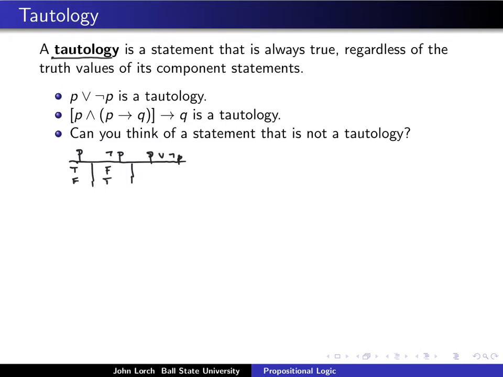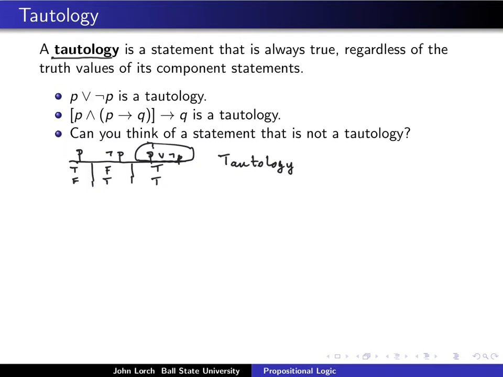Now remember, an "or" statement will be true precisely when at least one of the component statements is true, and that happens in both rows. So P or not P is always true, and so this is a tautology.